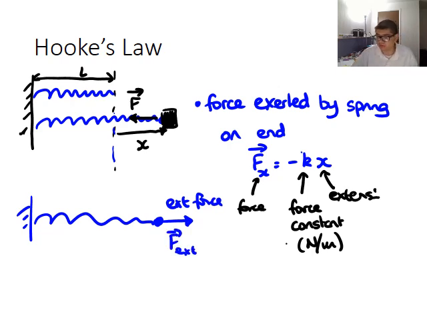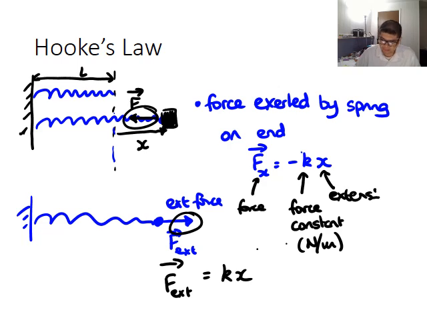Now if you compare this force and this force, remember Newton's third law: the force used to extend the spring exerts on whatever object has to be equal and opposite to whatever force that object exerts on the spring. And therefore, the force that the external object exerts is equal to kx. Okay? But the basic idea is that the magnitude of this force is the force constant times x.